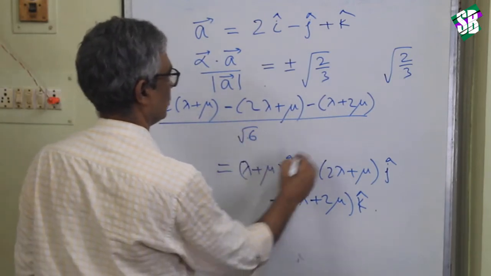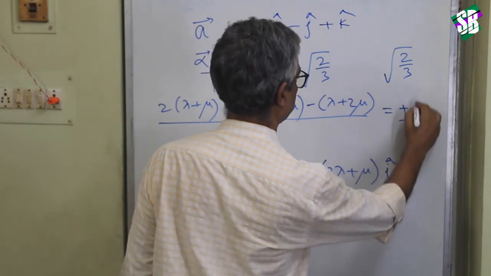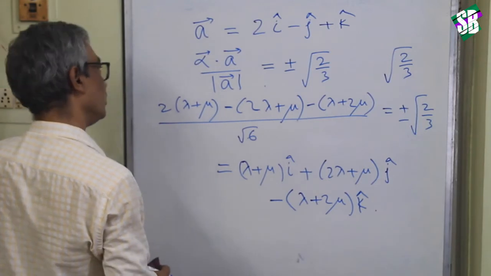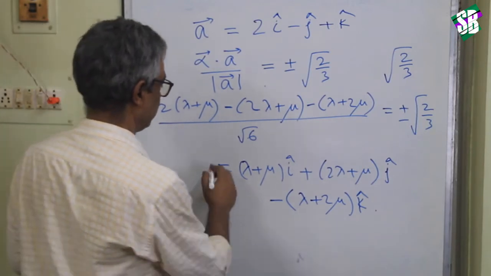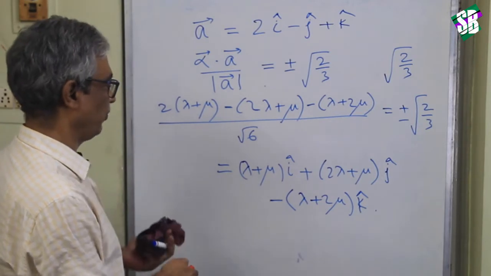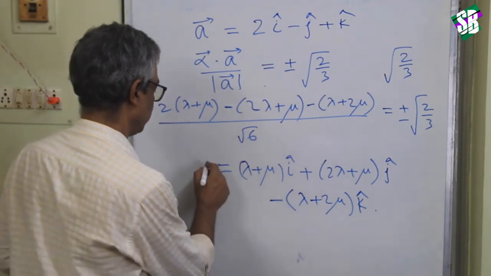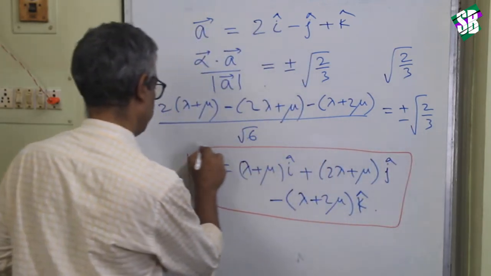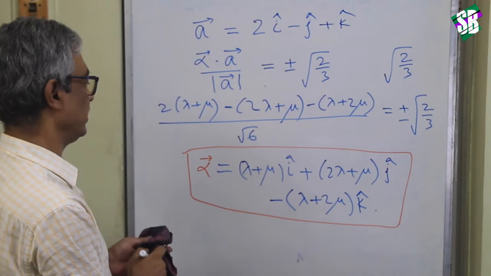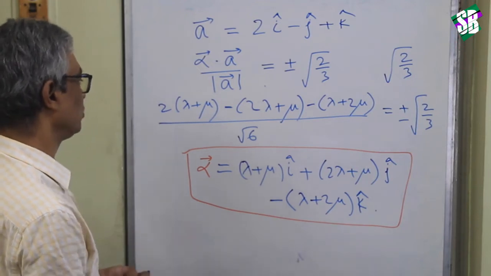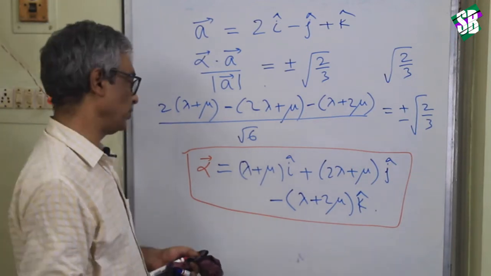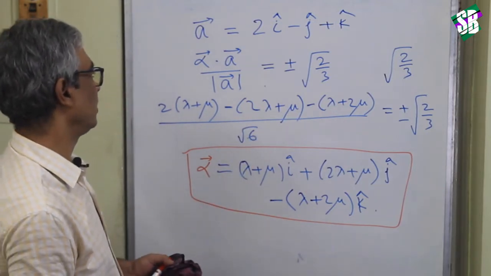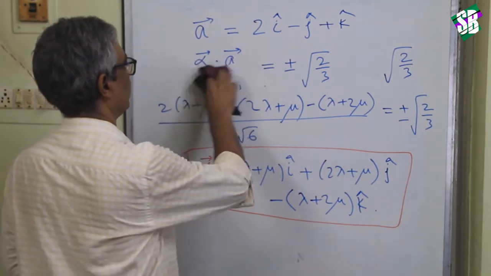So this is plus minus root over 2 by 3. Remember, this is alpha vector. This is a very important thing: keep this in mind, because after finding the values of lambda and mu, we have to put those values over here, and that will give the answer.